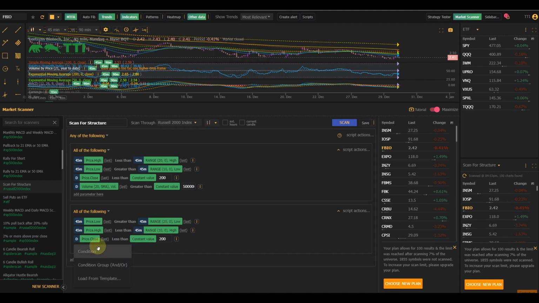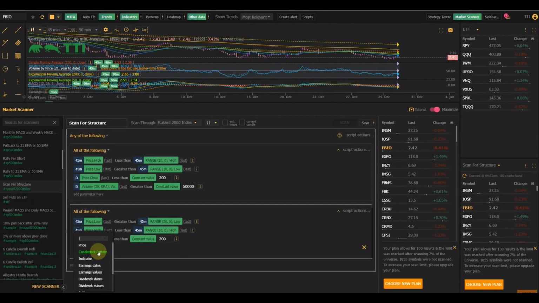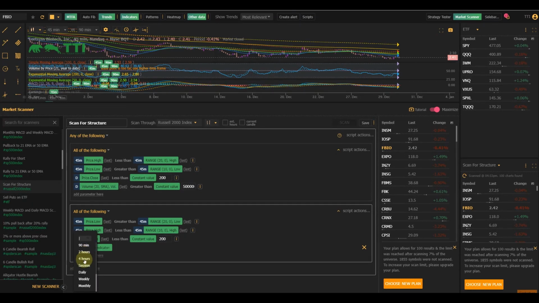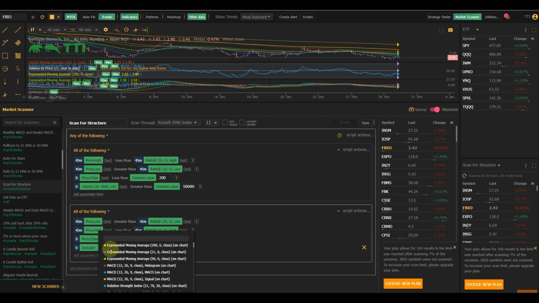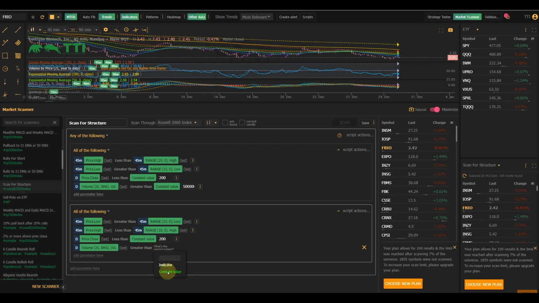Same thing here. There's a way we can make this a little bit better by not having to add this multiple times, but you get the idea. We want the volume to be greater than 500,000.